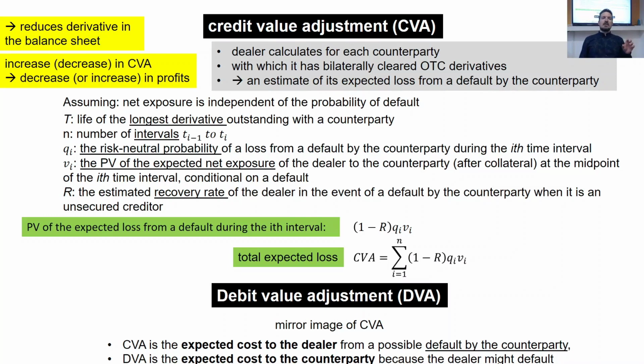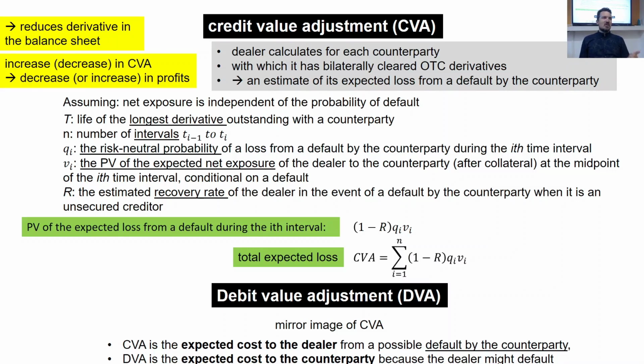Okay, so what happens in the case of the credit value adjustment scenario? First of all, the dealer calculates it for each counterparty, so what happens if they are defaulting, and also what happens in each derivative. Then practically we have to estimate the expected loss due to the default of the counterparty, and all the mathematics behind this will be familiar from last week when we were thinking about credit default swaps.